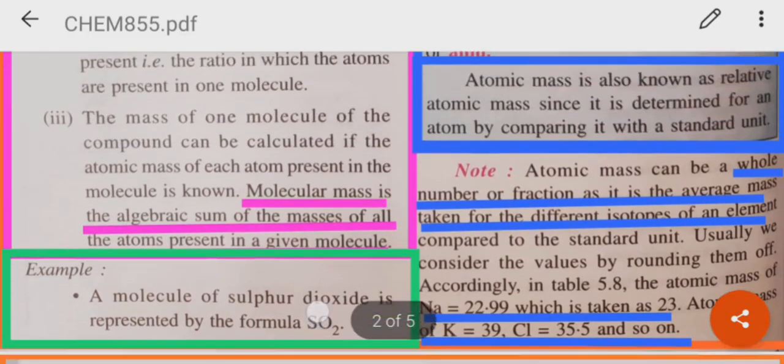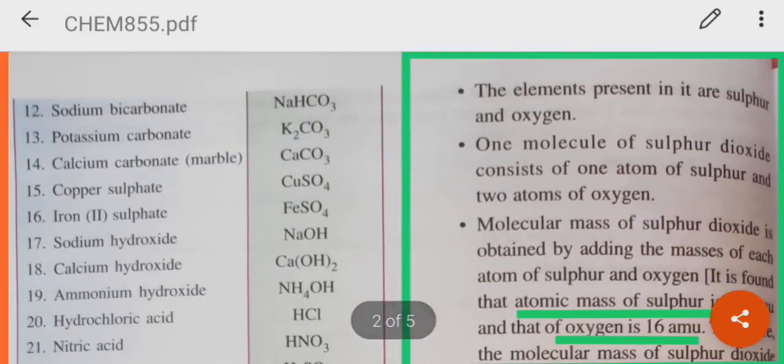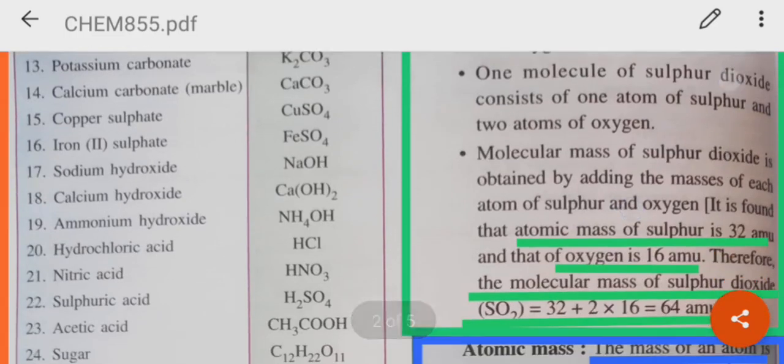So, let us take a very simple example of sulfur dioxide whose formula is SO2. What do we learn from the molecular formula SO2? The elements present in it are sulfur and oxygen. One molecule of sulfur dioxide consists of one atom of sulfur and two atoms of oxygen.